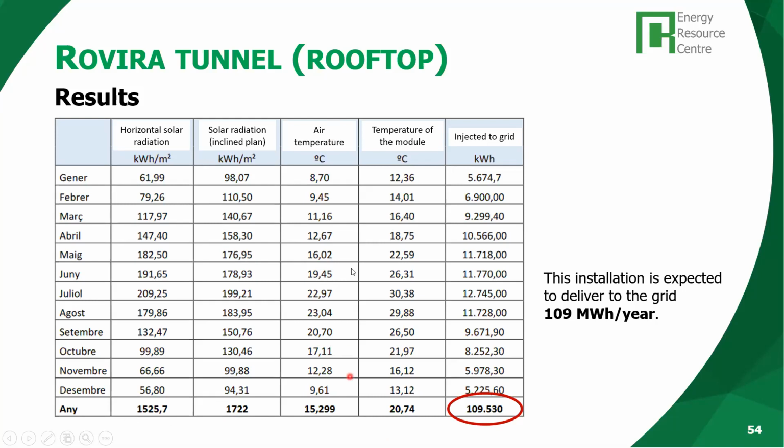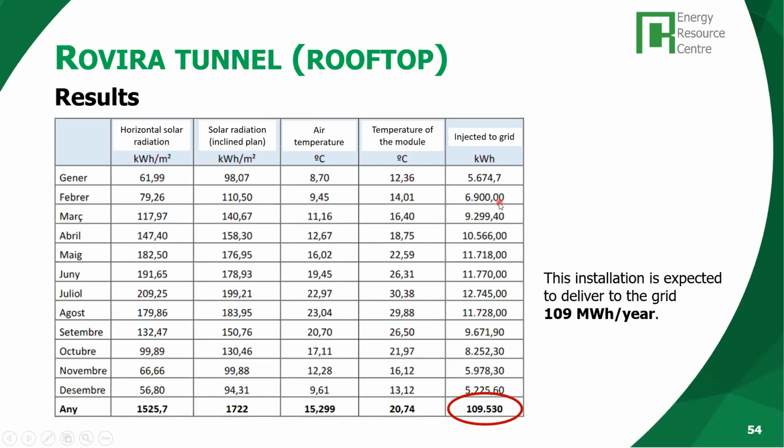A projection of the air temperature. Is this expected? Yes, this is the outdoor temperature. And then the temperature of the modules. It's very important, the temperature of the modules, because the efficiency depends a lot on it. More temperature, less voltage, less power. Correct.